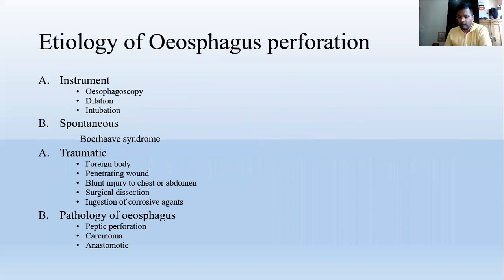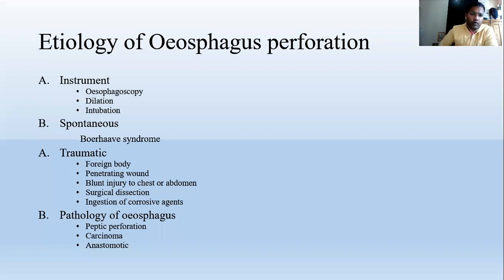So the other etiological factors for rupture of the esophagus: there are four main factors. First, instrumentation, meaning any instrument used for therapeutic or diagnostic purposes, such as endoscopy, esophagoscopy, dilations or intubations.